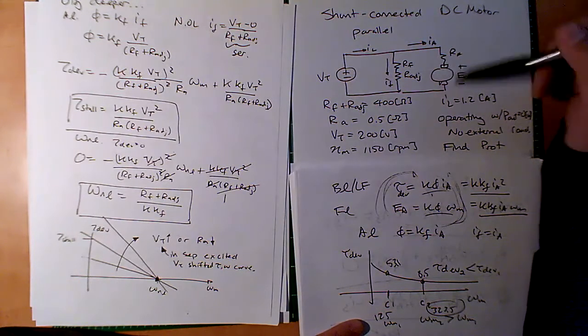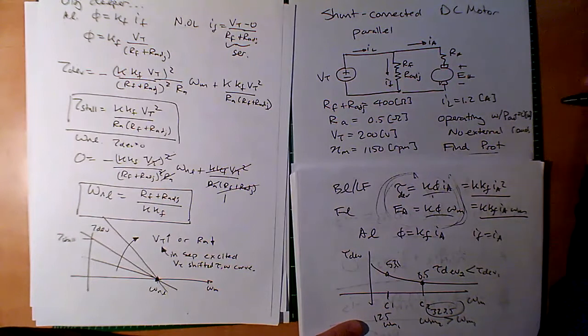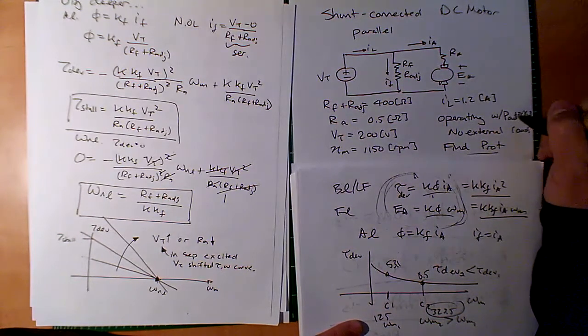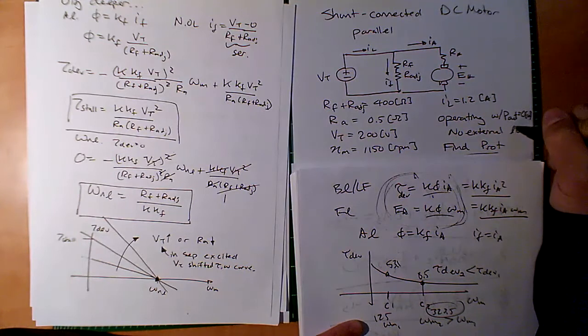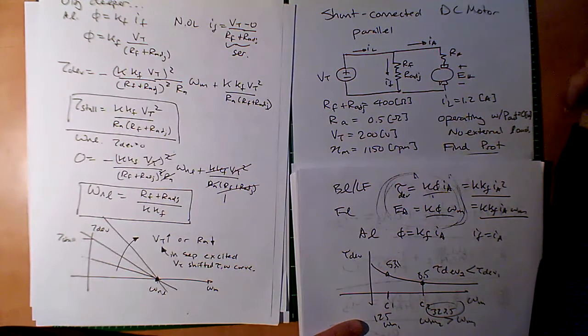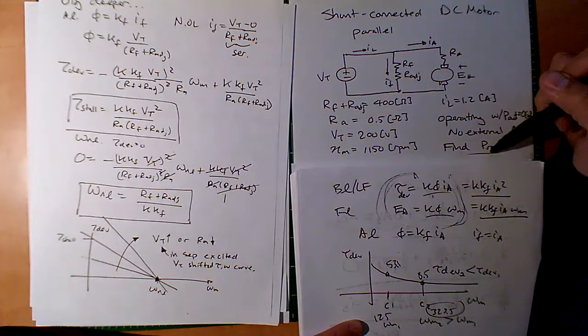So it's spinning. Now, one interesting piece of information they give is that the output power is 0 watts. So there's no external load on this system, no torque out on it. And the question is, what is the rotational power?